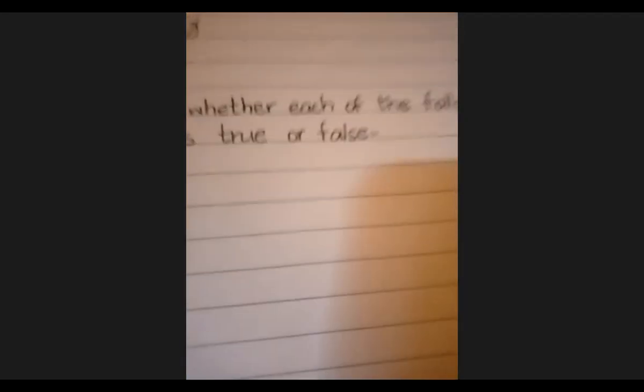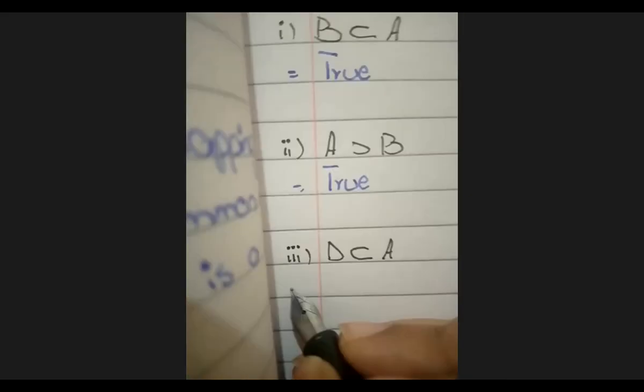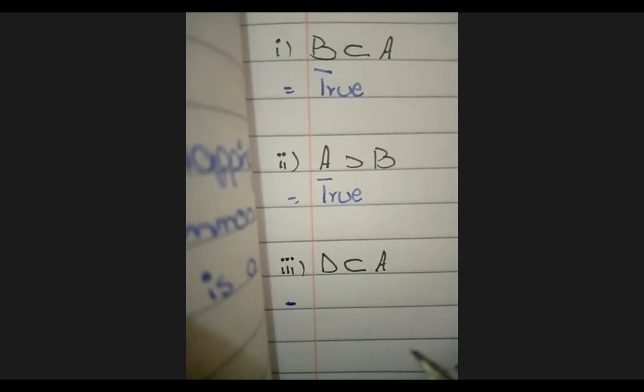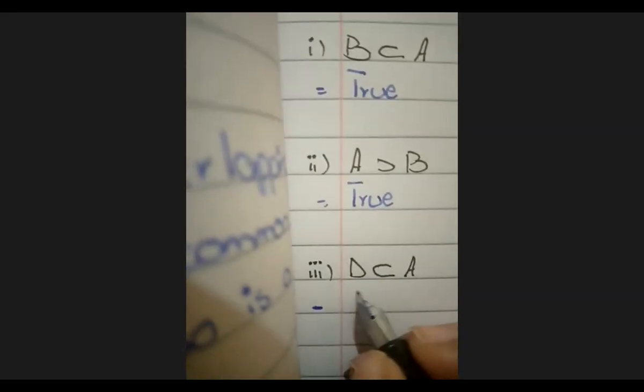Now copy down part number 3: D is a subset of A. True or false? It is false.